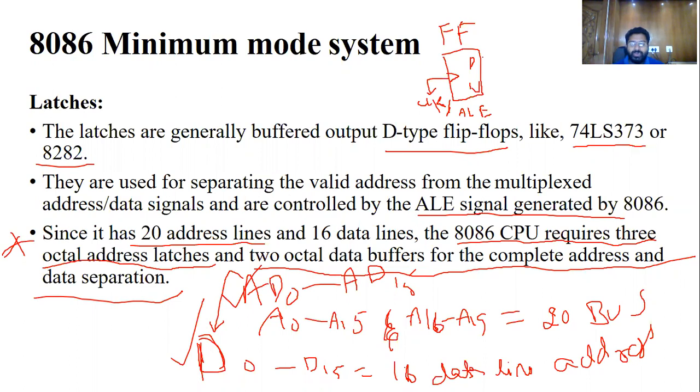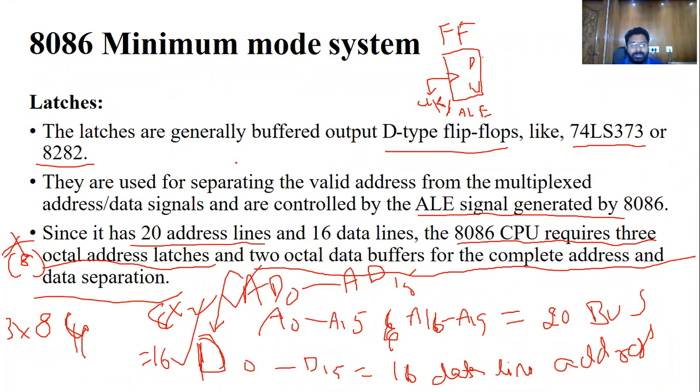Remember, octal means 8. So 3 means 3 into 8 output addresses, and we require 2 octal data buffers, 8 into 2 only, so 16 is sufficient.